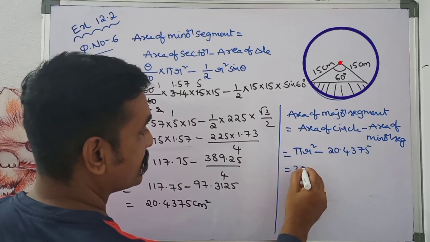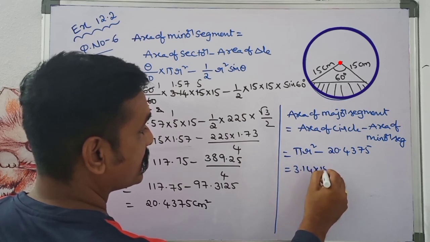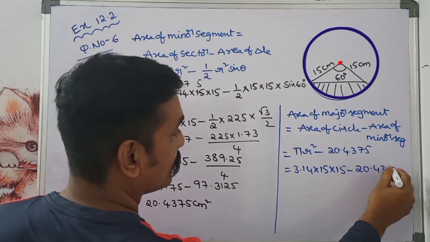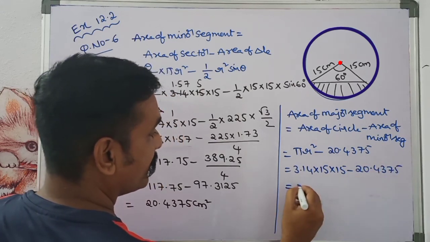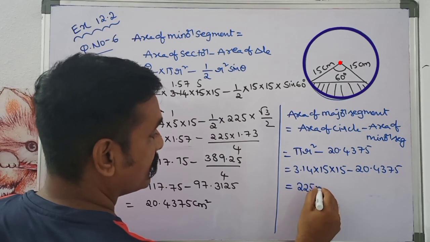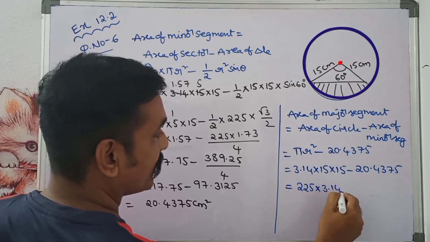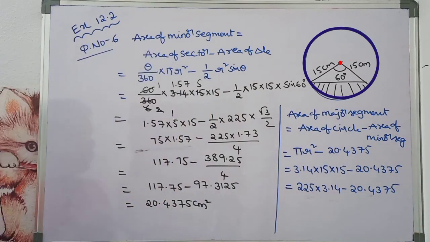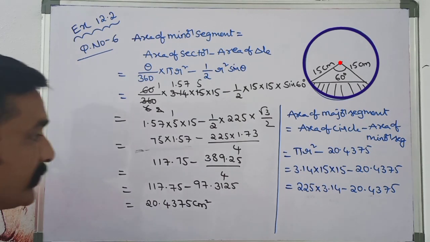Here pi value is 3.14 and the radius is 15 into 15, minus 20.4375. 15 15s are 225 into 3.14, which is 706.5.